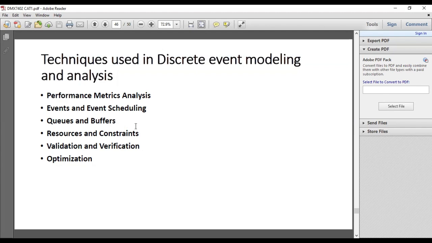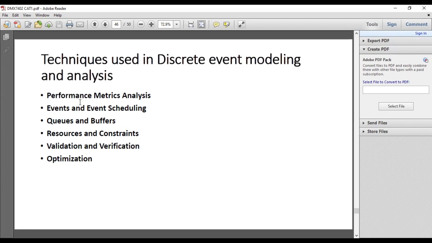So as I said, one technique is performance metrics, like production volume, machine utilization, cycle time, throughput, or WIP level.